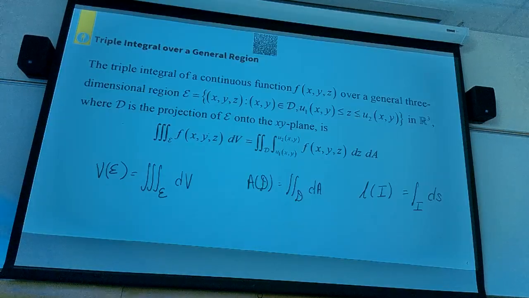Surface area. Instead of looking at the volume as a whole, you just care about what's just the surface. Surface area, that's also an integral. We just haven't studied it yet. We will study it in the next topic after exam 2. That's also an integral.